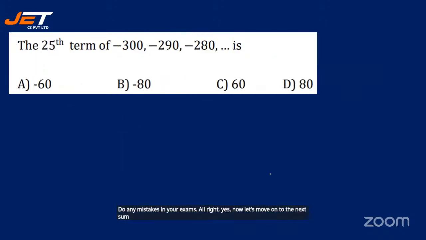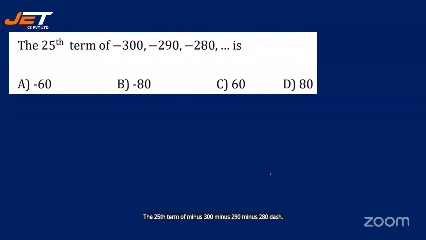Yes. Now let's move on to the next sum. Here we have the 25th term of minus 300, minus 290, minus 280 is dash. So what is the 25th term? Any term like this, you should first check whether it is AP or GP.